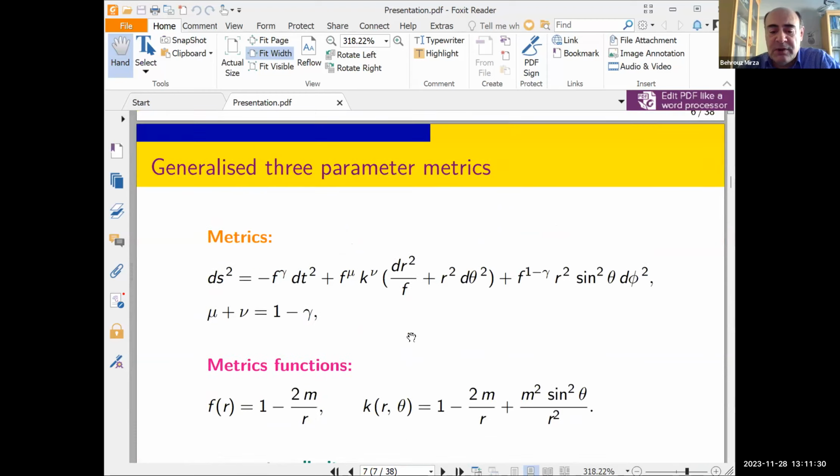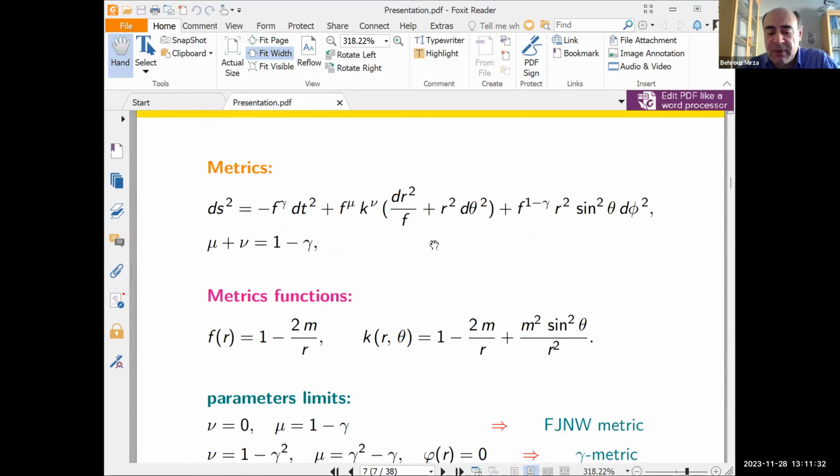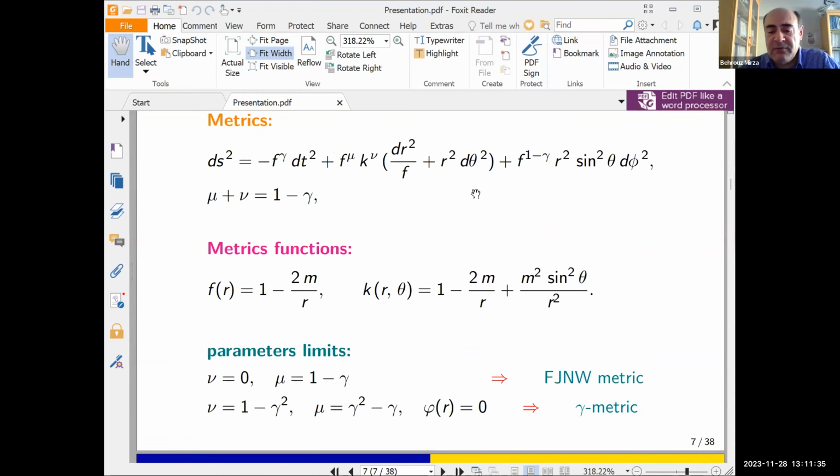This scalar field vanishes for the gamma metric. In the gamma metric, we don't have a scalar field. However, we have these quadrupole moments for the metric that you see.